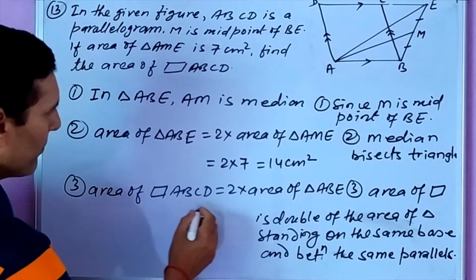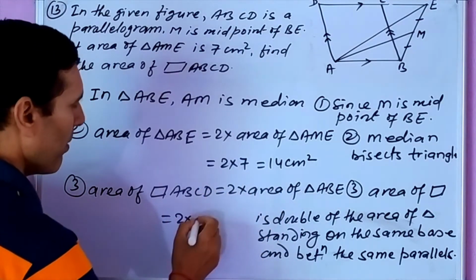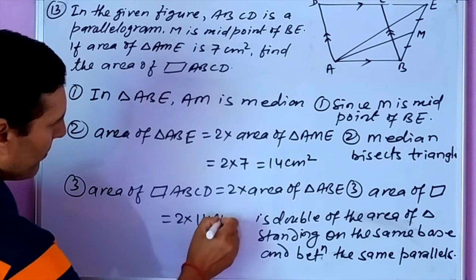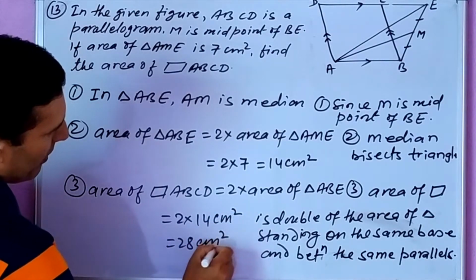So therefore 2 into 14 is equal to 28 square centimeter.